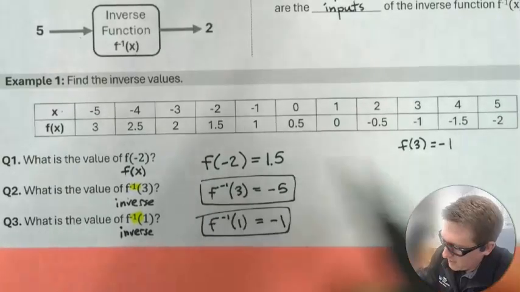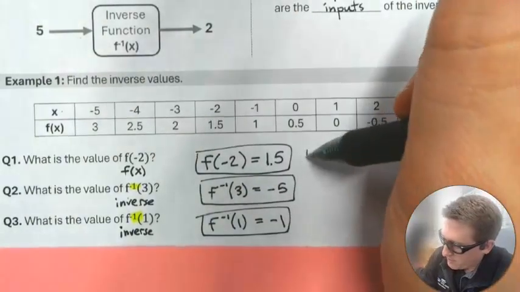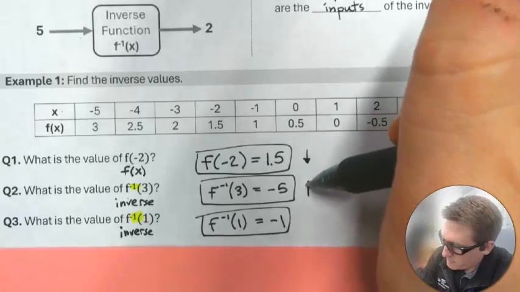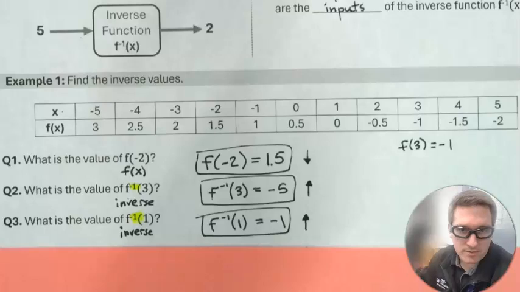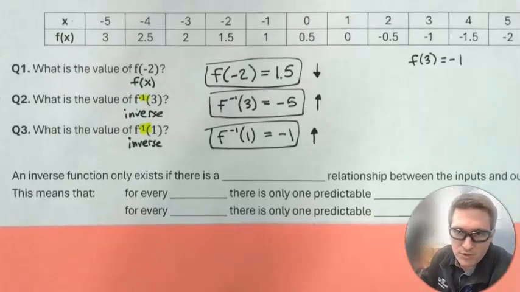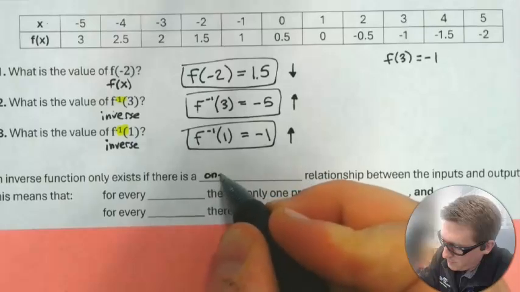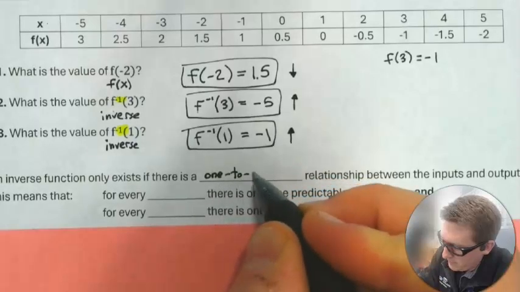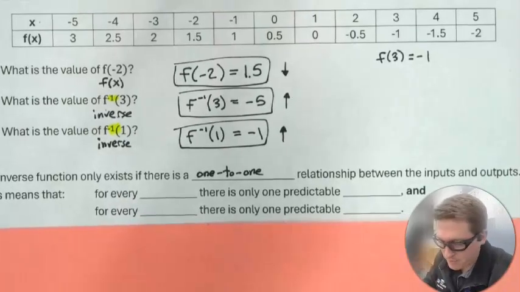So in f, you got to be careful that this rule doesn't apply every time. When I was finding a function, I kind of went down, and when I was finding these guys, I went backwards, right? That's why they're called inverses. So inverse functions only exist if there is a 1-to-1 relationship between the inputs and outputs.